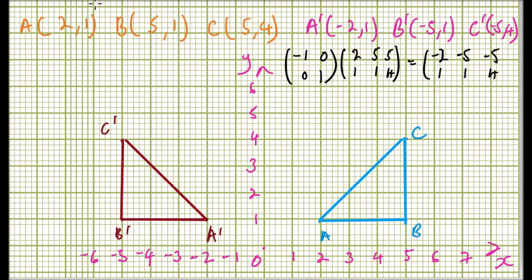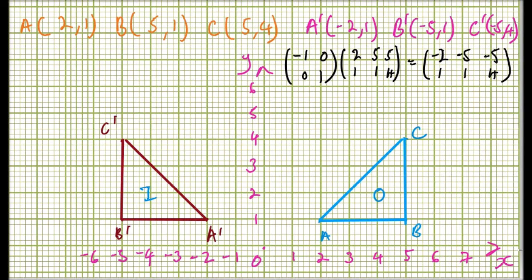Observing this triangle, we can clearly say, because we are now combining matrix and transformation, what has happened to this triangle, the object, and the image.